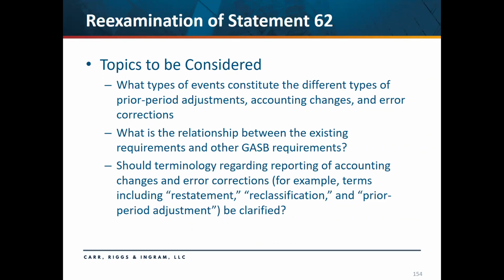So what they're trying to determine is what that looks like. Okay, so they're putting out this guidance. There were some strange items in there that I'm hoping are not in the final draft of the statement, but I don't know. One of those was actually having to have a restatement note related to a change in major funds.